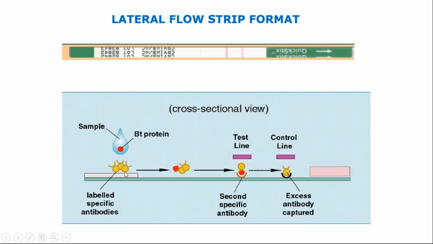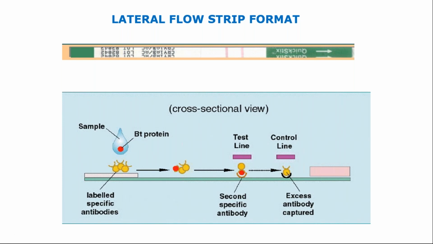Now, this antibody is specific for the Bt protein. So if I take a sample containing Bt protein and I put this strip into that, because it is an antibody against Bt protein, the Bt protein will bind to the antibody.